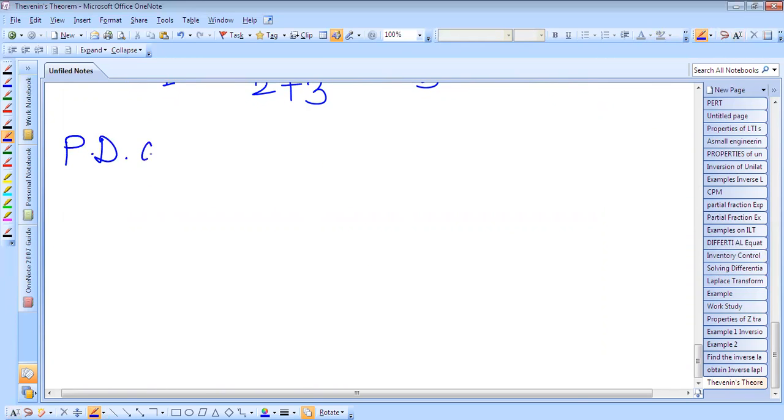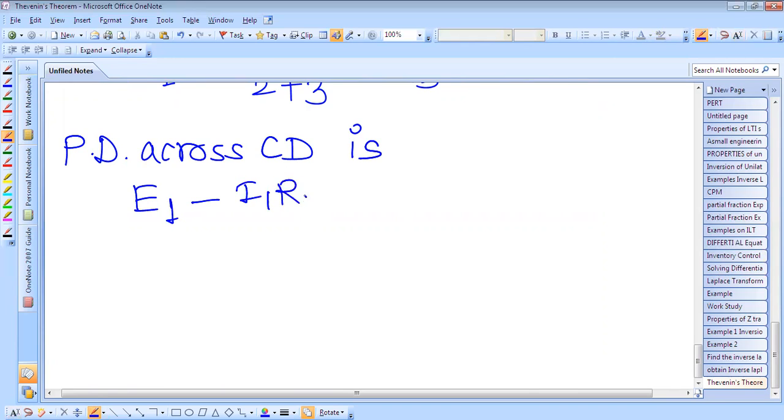The potential difference across CD is E1 minus I1 R1. So what is E1 here?